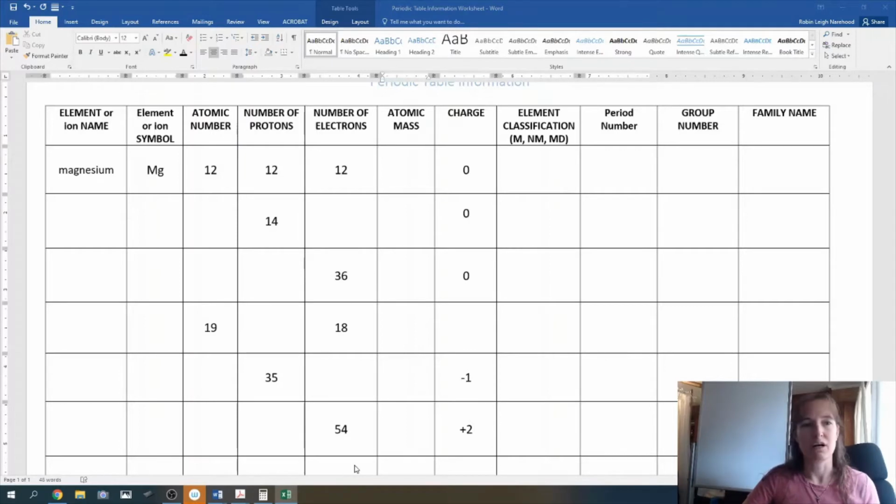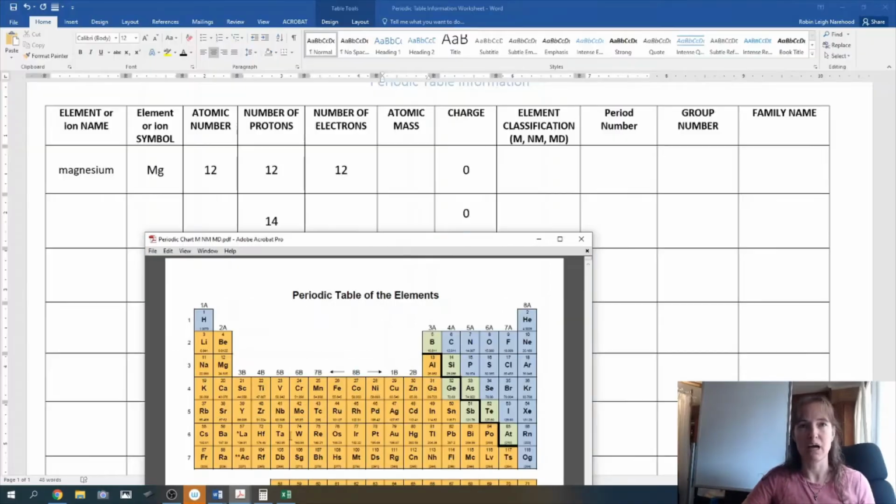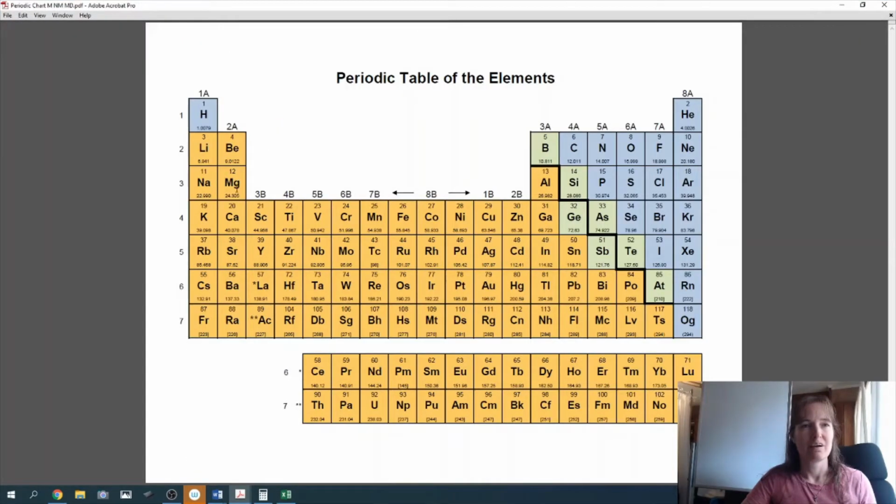Then we have what's called atomic mass. So what is atomic mass? Atomic mass is the decimal number that you see underneath the symbol. This is the average of all of the naturally occurring atoms of magnesium. There are atoms of magnesium that weigh more than 24, some that weigh 24, and a few that weigh less than 24.